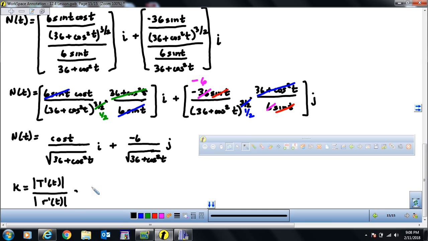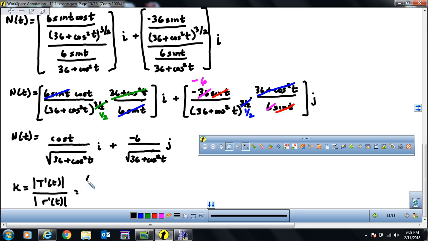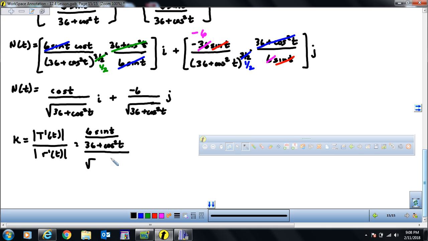So it was 6 sine of t, correct? 6 sine of t divided by 36 plus cosine square of t, and that over the magnitude of the derivative of the position vector, which was the square root of 36 plus cosine square of t, and that is over 1.